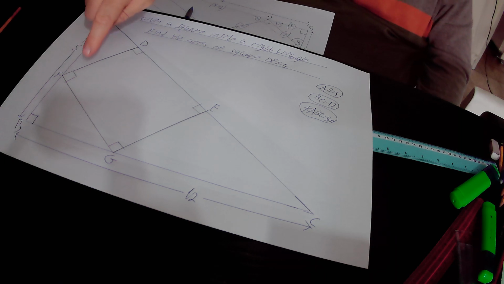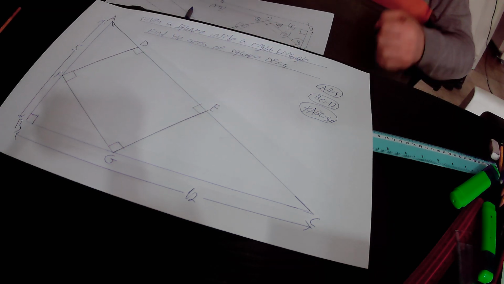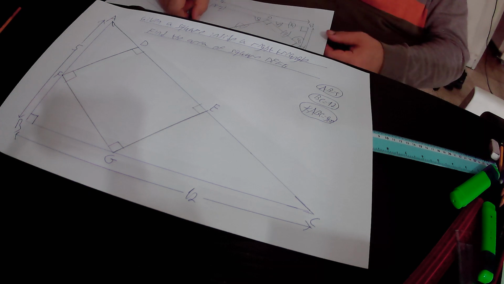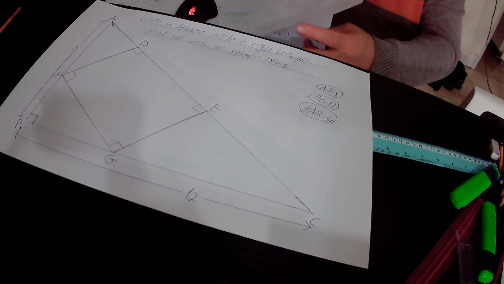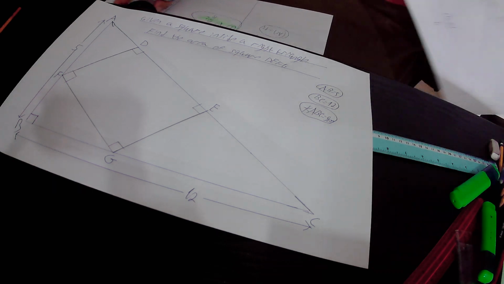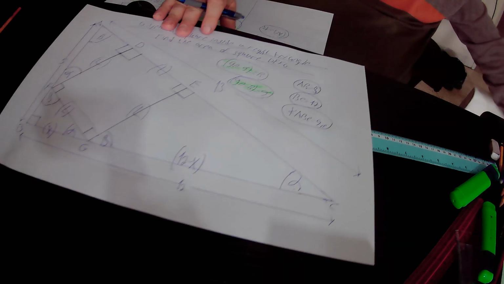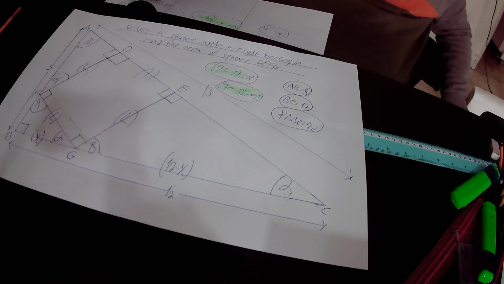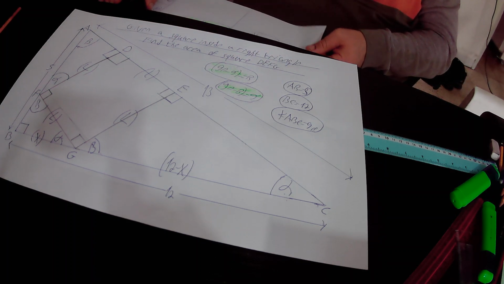Side AB equals 5 units in its length. Side BC equals 12 units in its length. Again, our mission is to find out the area of this square DEFG. Okay, so first of all, we implemented the Pythagoras theorem in the right big triangle ABC.